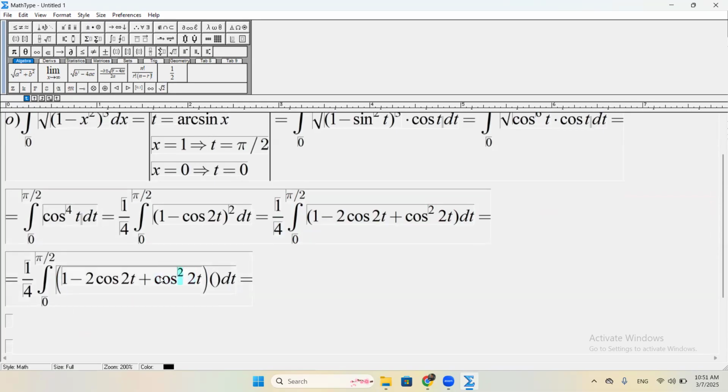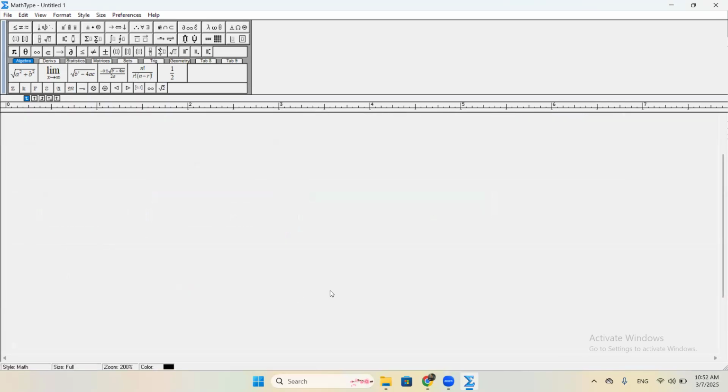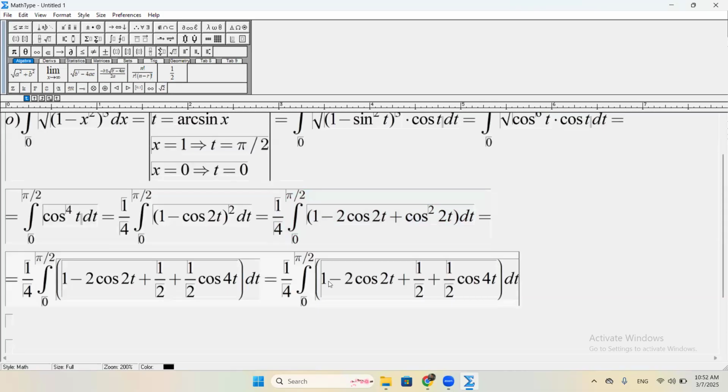Okay, plus 1/2 and plus 1/2 cosine of 4t. Now rewriting it again. So 3/2.